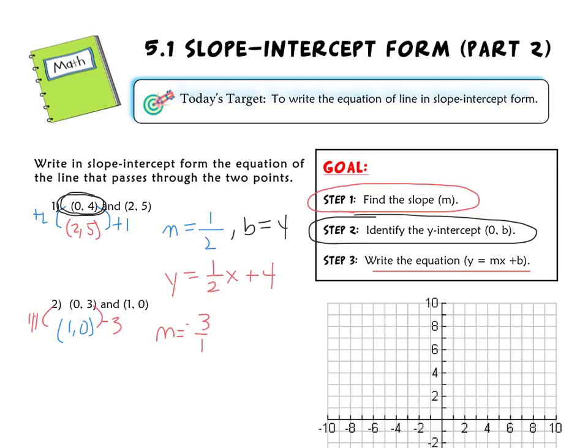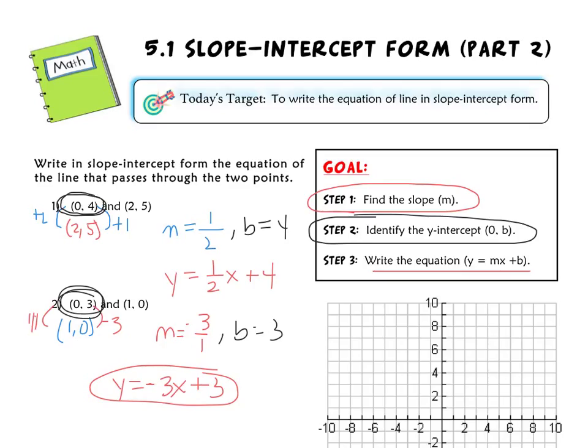And then I have to recognize that my b value is 3, so b is equal to 3. And so if I want to write my equation, I can write y equal to negative 3 over 1, which is the same thing as just negative 3x, and then plus 3 for my b value. And so there's my equation.